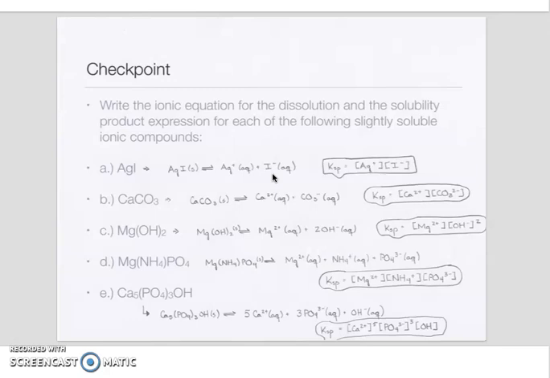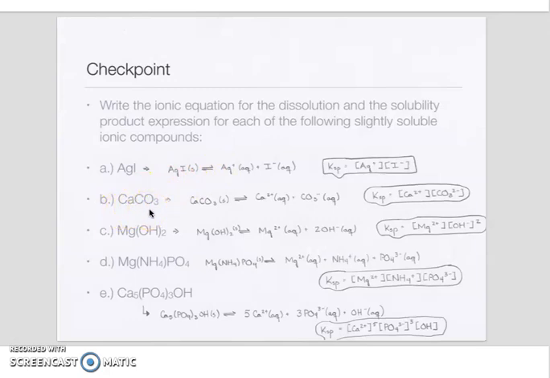And in all of the cases for these salts, I'm going to ignore my reactants because they're always going to be a solid salt. So here my KSP is equal to the concentration of the silver ion times the concentration of the iodide ion, each raised to a coefficient of 1 based off of the coefficient that was in front of each respective ion.